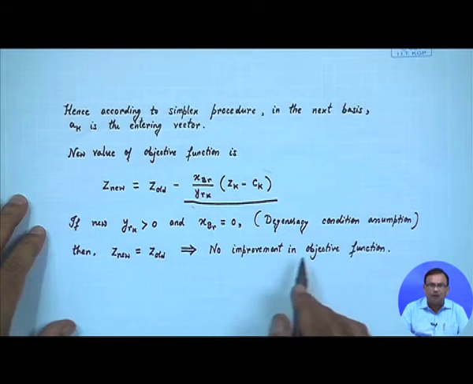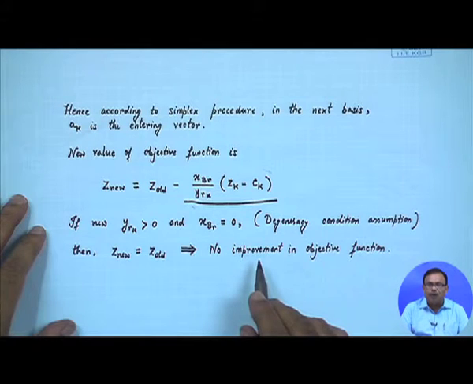Therefore, please note that degeneracy usually occurs due to redundant constraints, and whenever degeneracy occurs, it may happen that iteration after iteration you are not getting any improvement in the objective function.